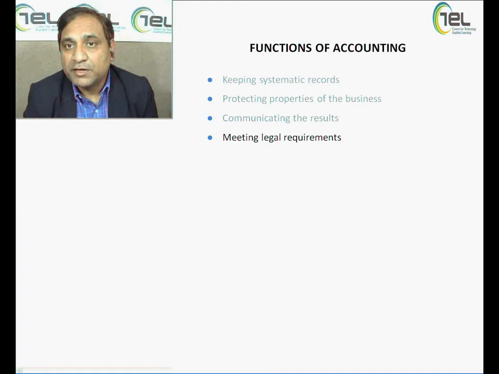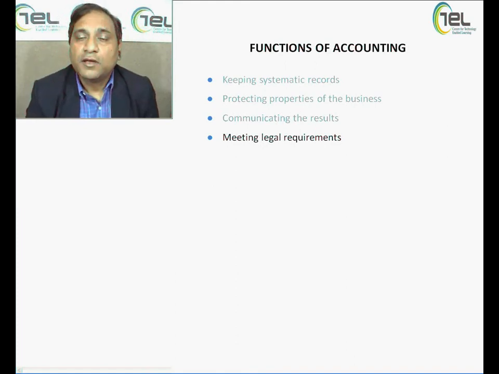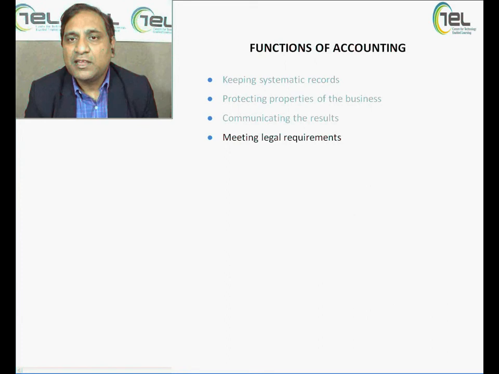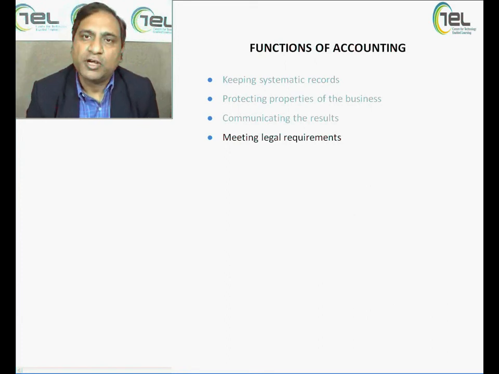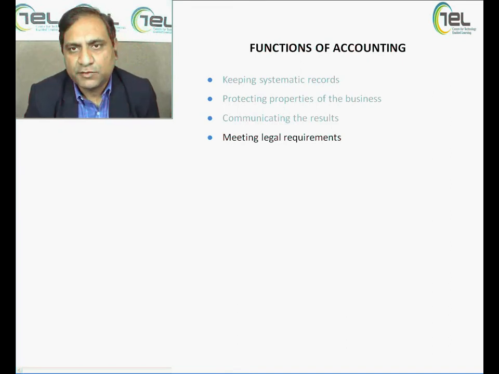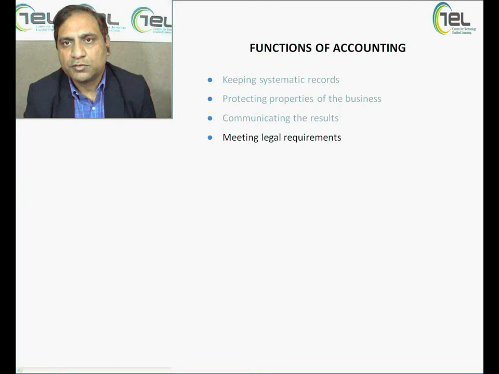Another function is meeting legal requirements, because the laws of any country also demand that what has happened with the organizational resources be reported. Whether these resources at the disposal of the managers have been adequately used, or what they claim to have used, should be reported.